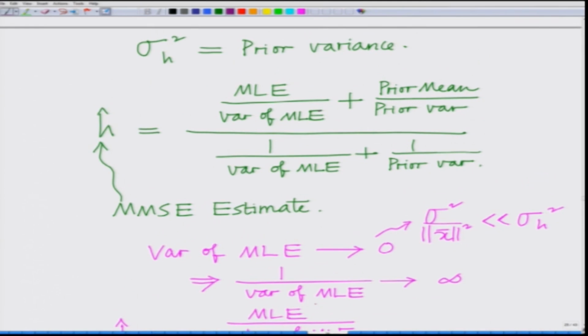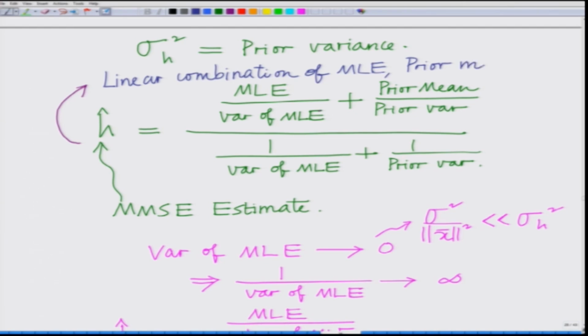So, let me also write that down: a linear combination of MLE, prior mean in inverse ratio of their variances.